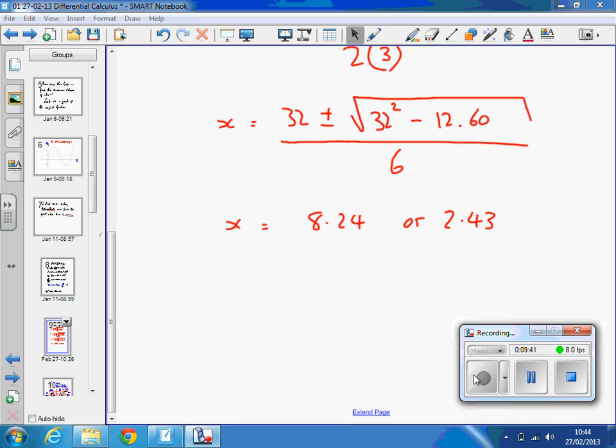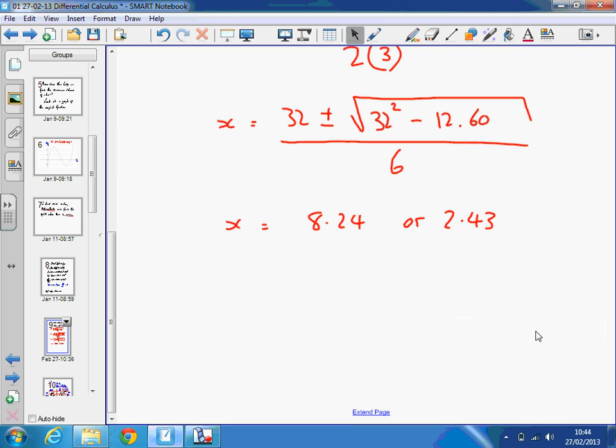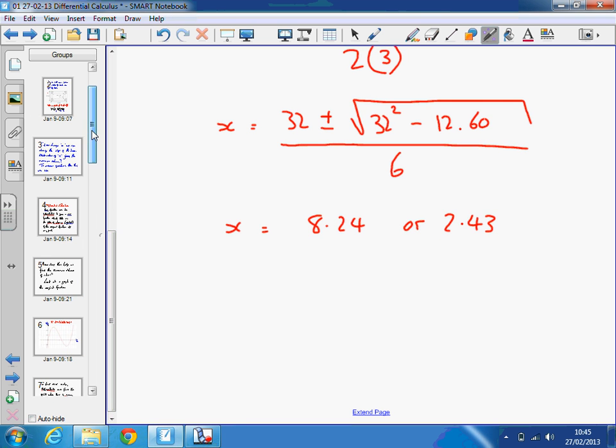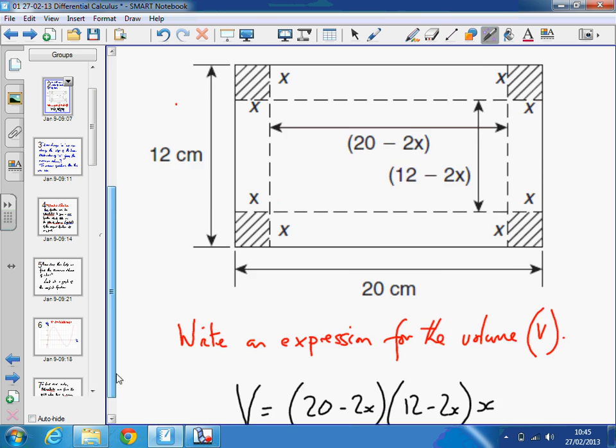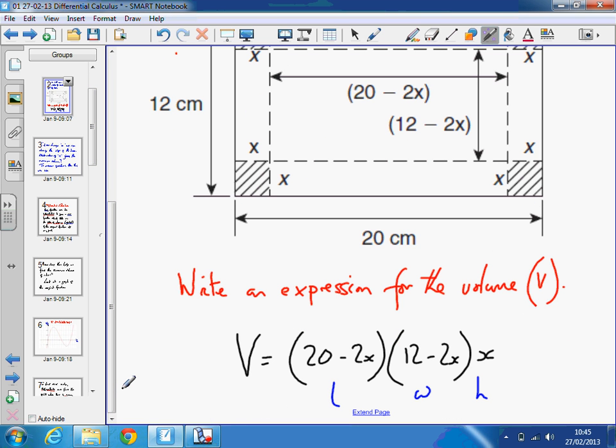We have two solutions then. X equals 8.24 or 2.43. If we think back to the original problem, which was this, and look at this piece of metal, x cannot possibly be 8.24 because the width is only 12, so the maximum value x can have is 6.